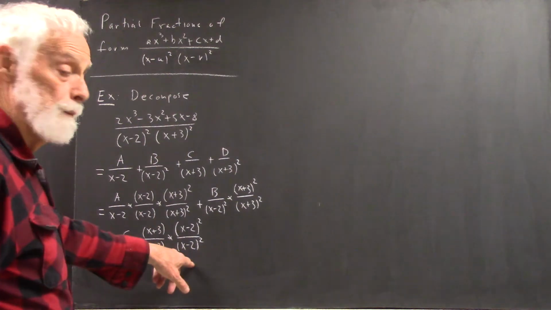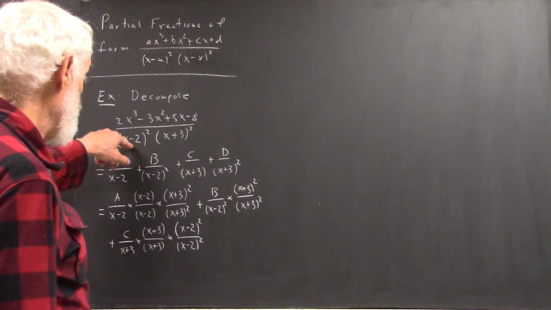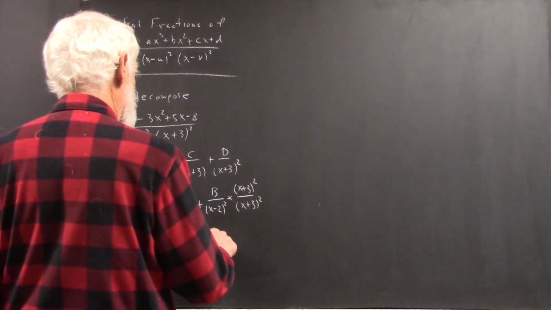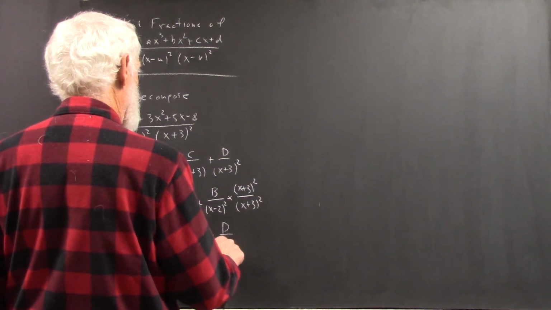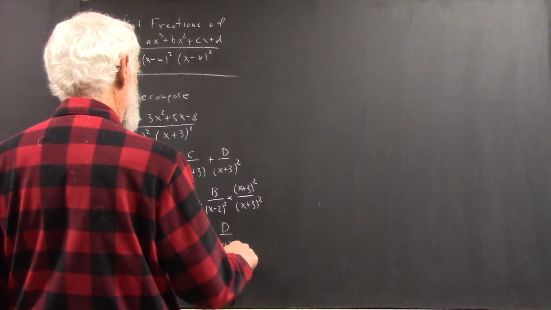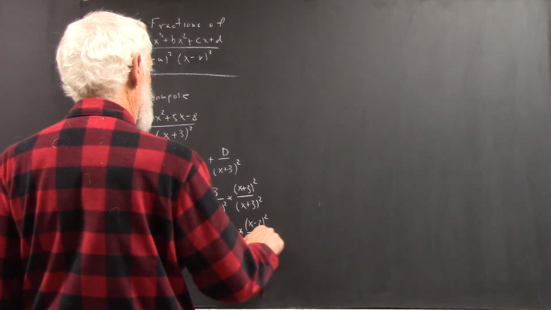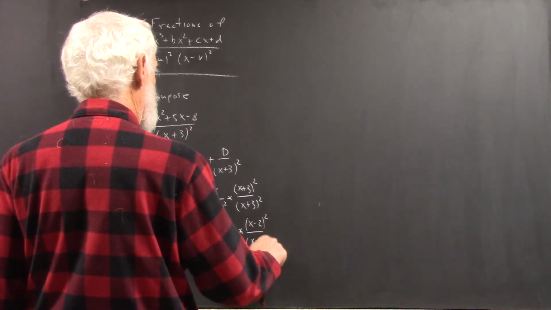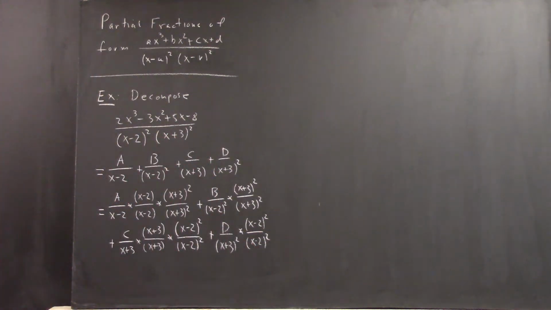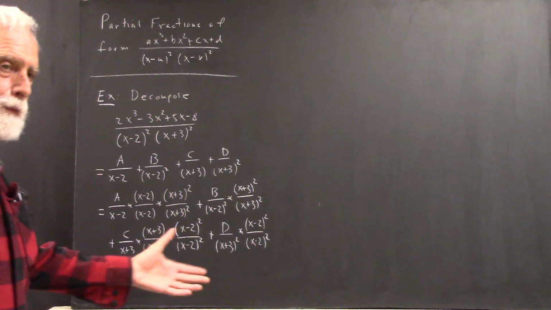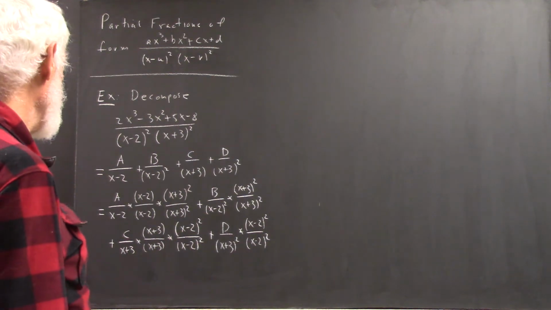So now we have the same denominator. And then we do plus D over x plus 3 quantity squared times x minus 2 quantity squared over x minus 2 quantity squared. Now that's not really a mess, but it's a fair amount of calculation.